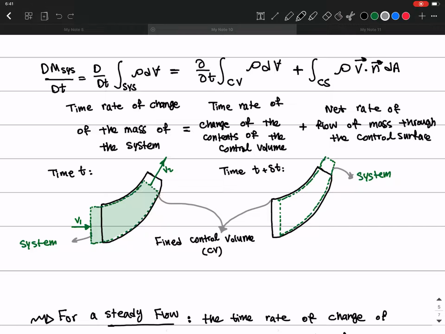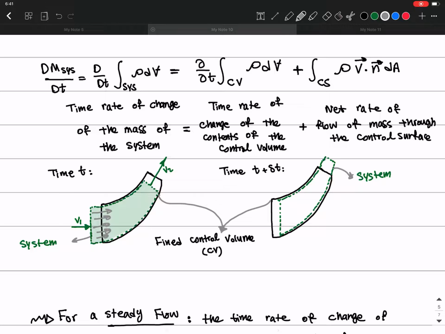So let me show it again. So this control volume, how much of the mass is changed here, which would be this part, right? How much is it changed here? Plus, what is the net rate of the flow of mass through the control surfaces? So how much of it is coming in? So for example, this is coming into this from this control surface.